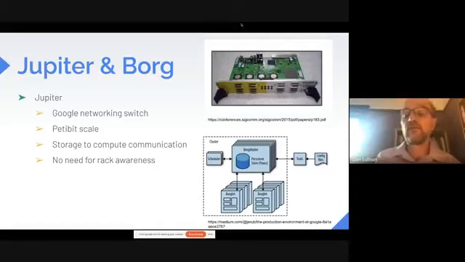But in the case of the Jupyter network, it doesn't make any difference where it is. You still have petabit scale networking between them, so you have low latency. So you don't have that extra overhead of thinking about rack-based efficiency optimizations, because it's just not needed.